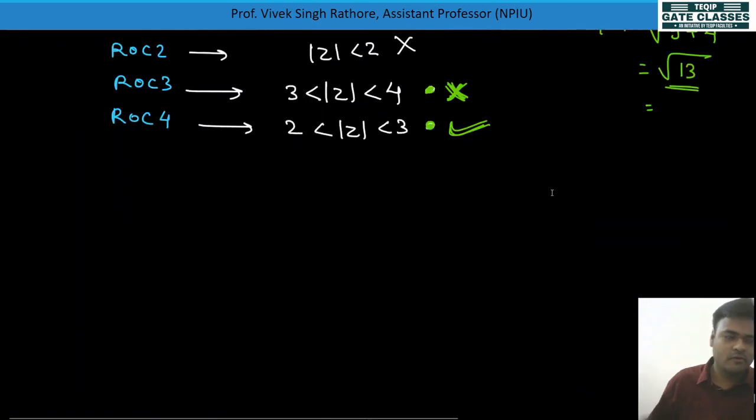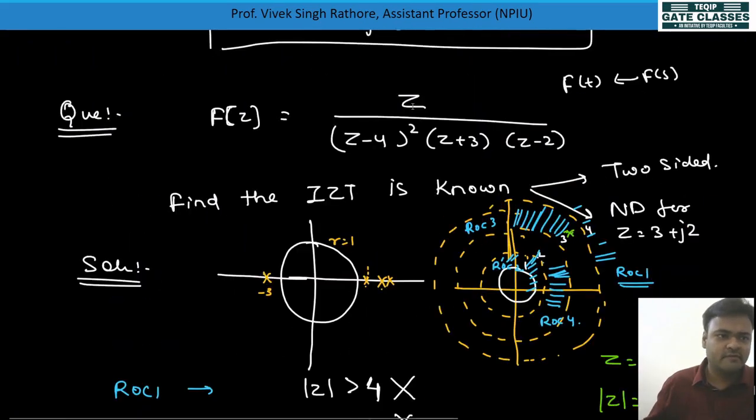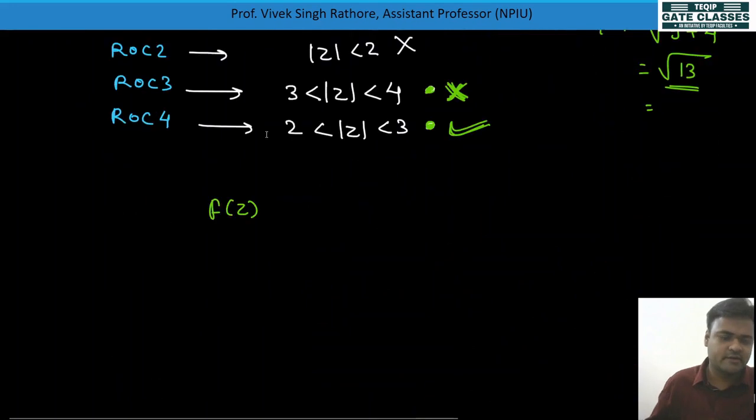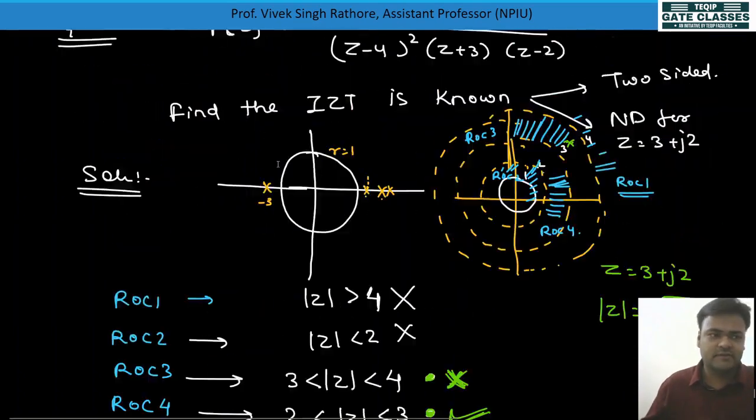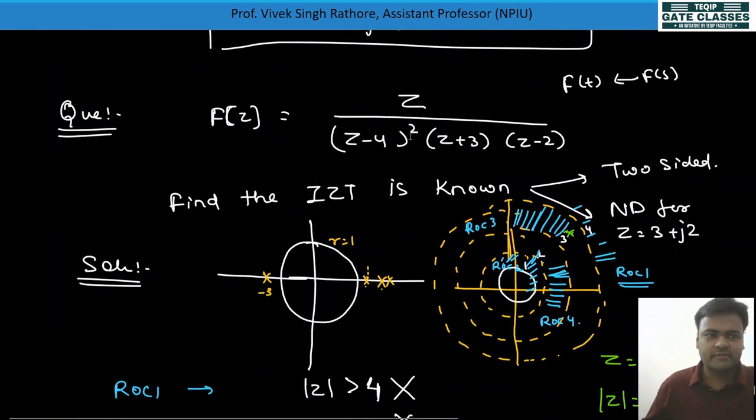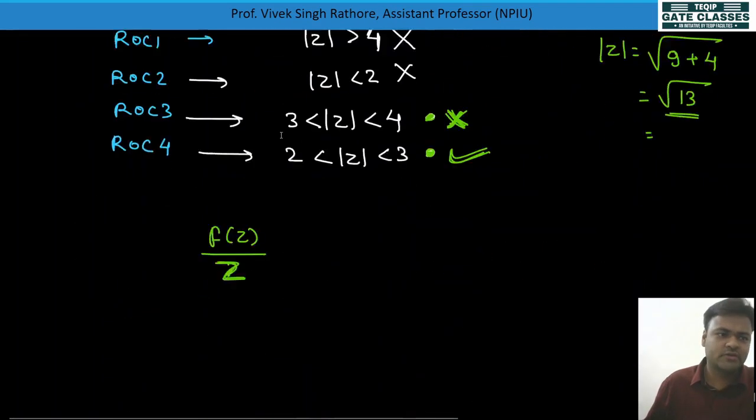So the first step: f of z was there in the question. We'll take this z value to the downside of f of z. Why are we doing this? Because it will make partial fraction easy. Otherwise this z will cause trouble, so we'll keep that z downside.